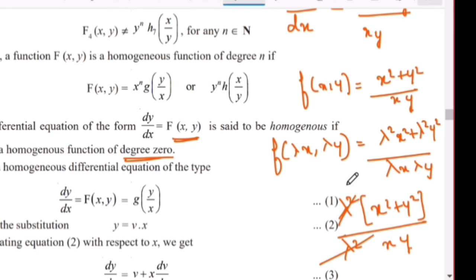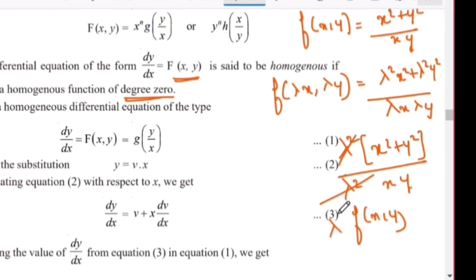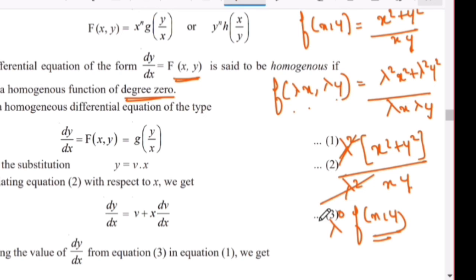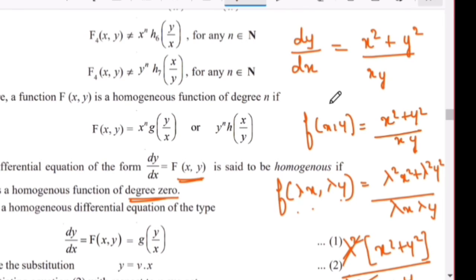So that means this is nothing but your f of x,y itself. This is lambda power 0 now. So f of lambda x, lambda y is equal to lambda power 0 times f of x,y. That means the degree should be 0. Both should get cancelled. Then we say this is a homogeneous differential equation.